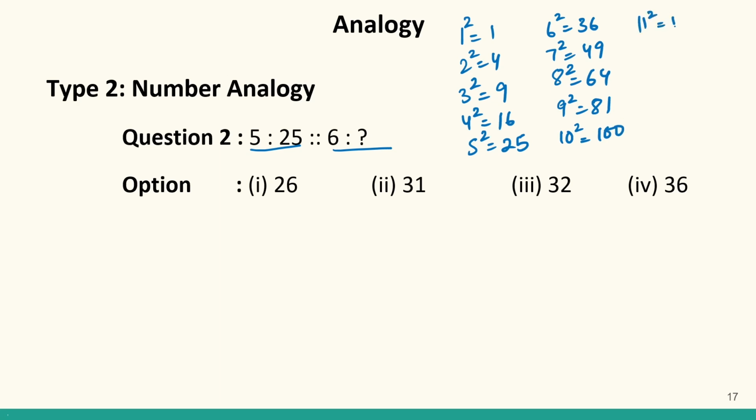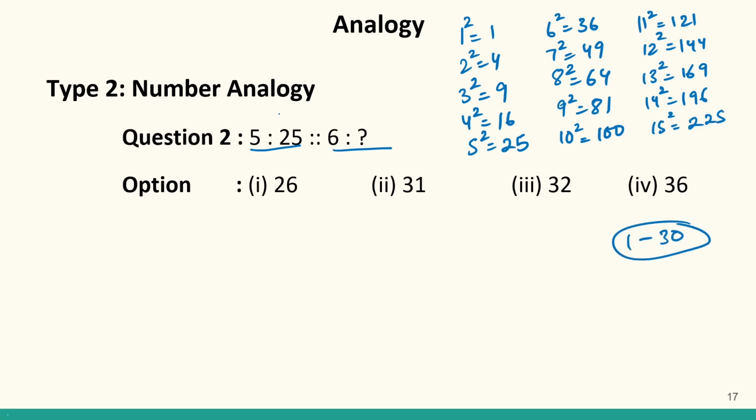Similarly, 11 square is 121, 12 square is 144, 13 square is 169, 14 square is 196, and 15 square is 225. So 1 to 30 is how many you should remember. So here I can see very clearly that 25 is the square of 5.